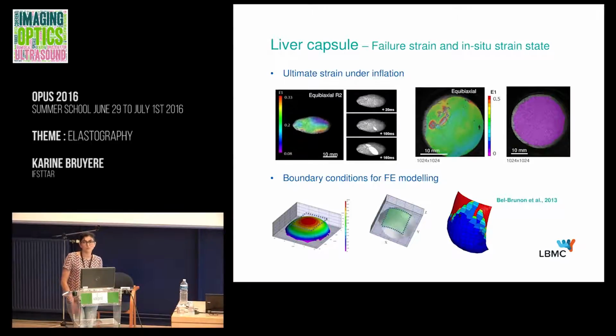So it helps to better simulate our test and to validate the behavioral model of the tissues. How do you apply the stress here in this case? We've got the pressure. In the center? Yes, okay. Inside. We've got the pressure, and to avoid the problem of the boundary conditions, we prefer applying this displacement.